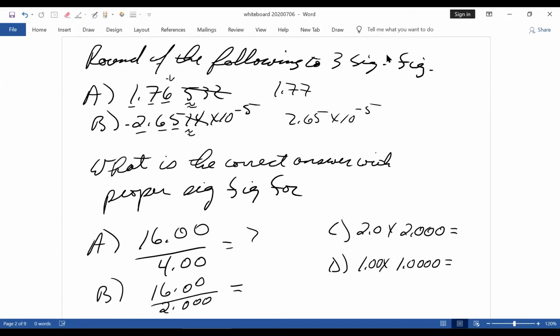Why don't you do these three, A, B, C, and D? What's the answer for the following?